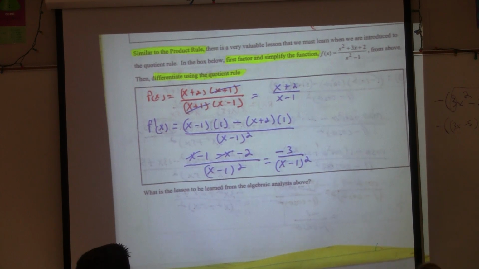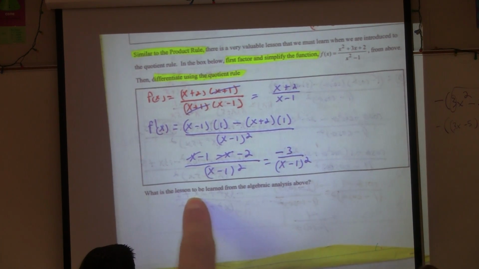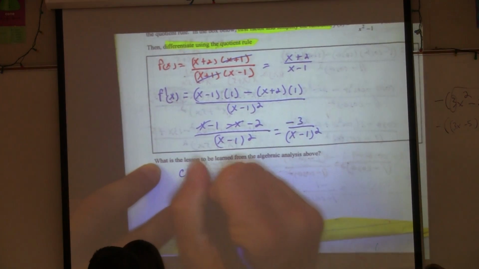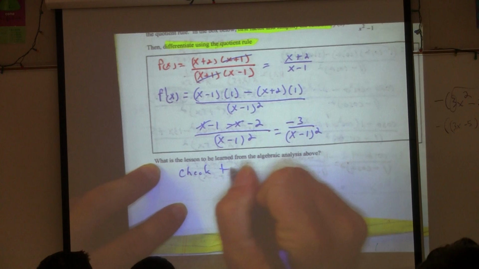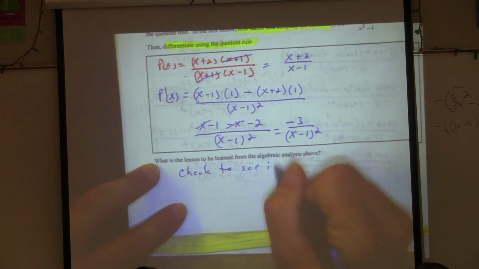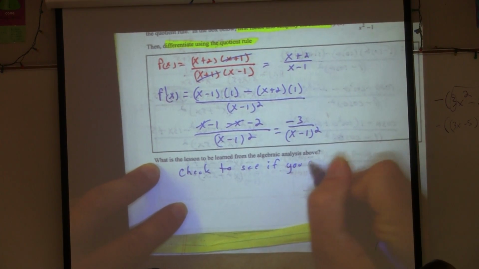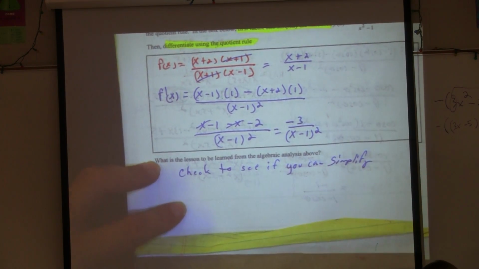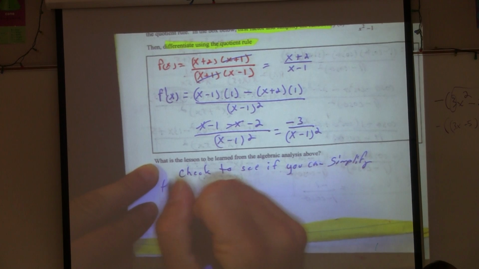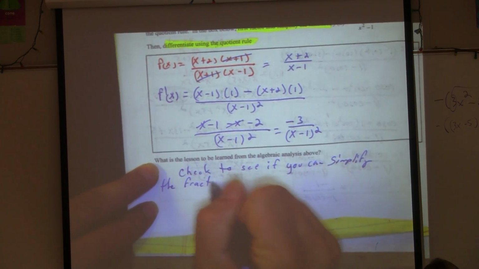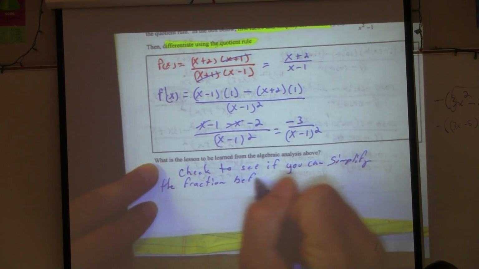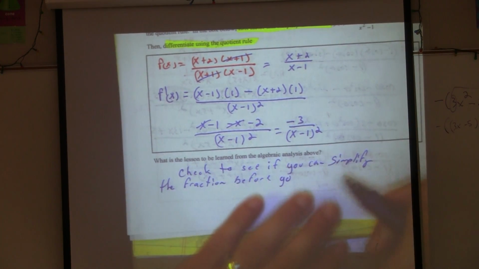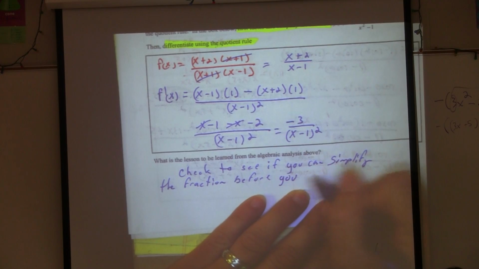Good? So what did we learn from this lesson here? What is the lesson to be learned? Let's write it down there. Check to see if you can simplify the fraction before you differentiate.